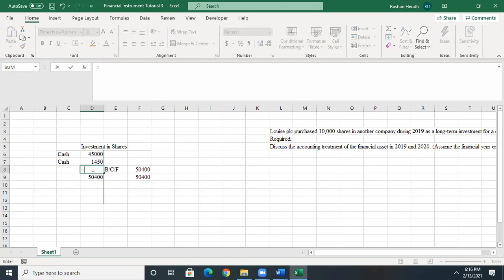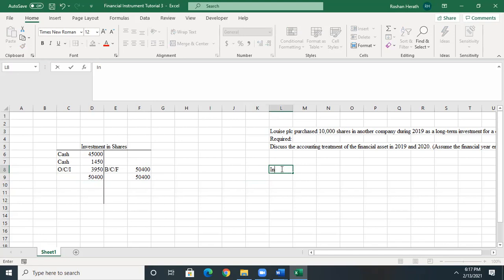So then you can see there's a remeasurement gain. So the gain must be taken to P&L, sorry, OCI, it goes to the OCI. So you would have been asked to provide the accounting treatment. So you can initially provide the investment in shares. The double entries are pretty much required.